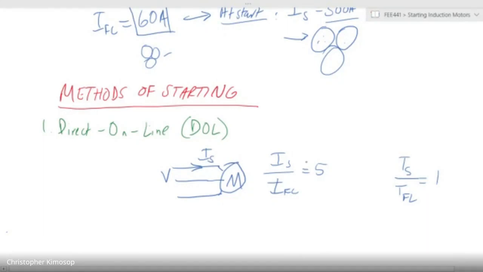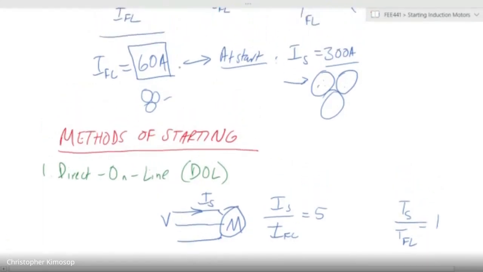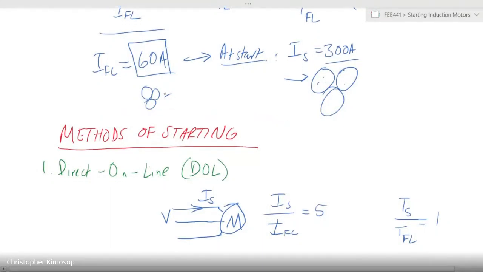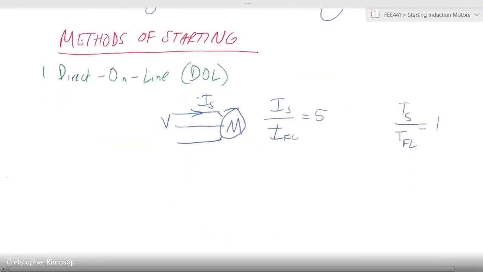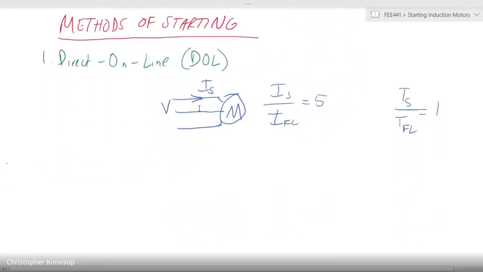Now, believe it or not, there are some applications where this is not a problem. So 60 amps, 300 amps is not a problem, yeah? This is usually in small or low rated machinery, okay? These are the areas where we would make use of that. So we say low rated motors.